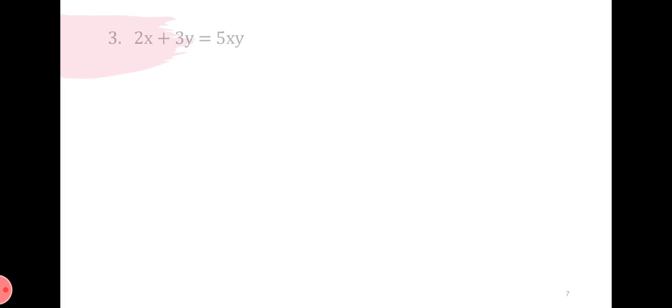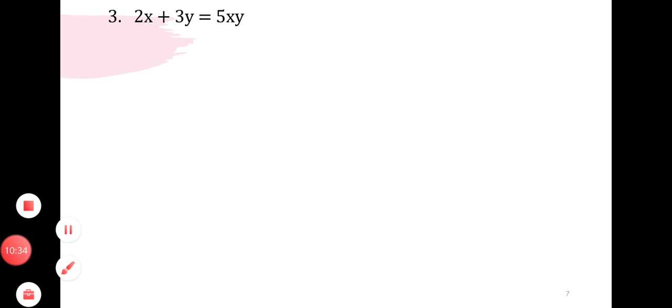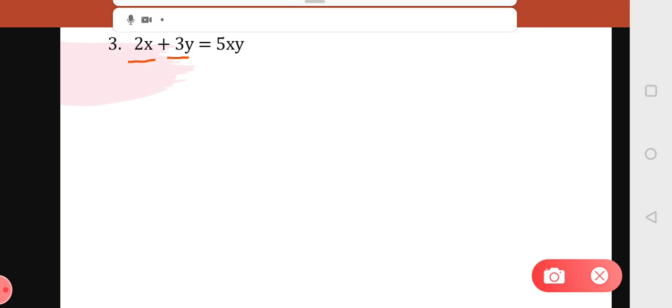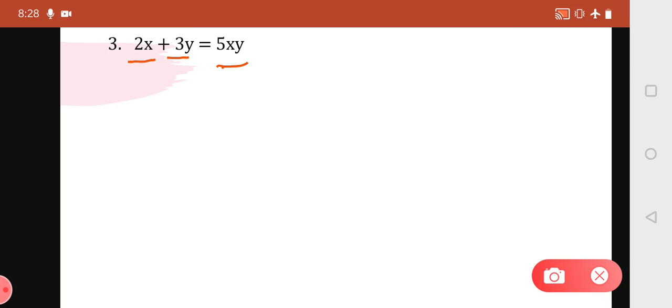Question number 3. 2x plus 3y equal to 5xy. Again here you can see that these are unlike terms, 2x and 3y. First term is having the variable x and second term is having the variable y. Both are unlike terms, so we cannot add this. Directly you cannot get 5xy. Why?